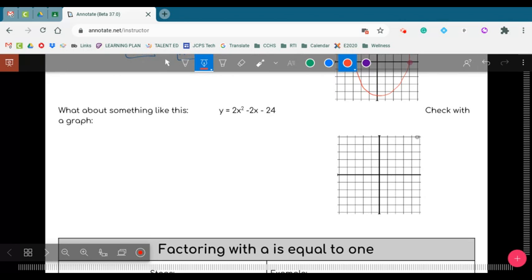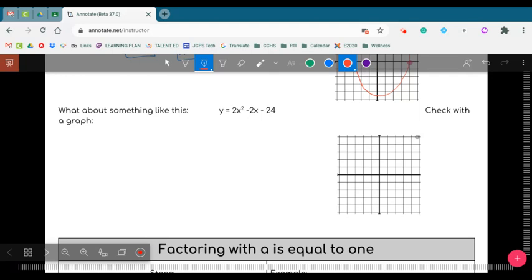So what about something like this? We have 2x squared minus 2x minus 24. This one would be a little bit trickier to graph because it's not in our factored form. We would have to think, okay, how are we going to get that in there? Now, if you were to graph this on a calculator, we would have 2x squared minus 2x minus 24.